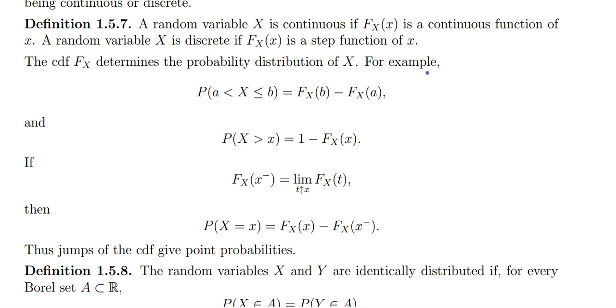So we are stating the definition of a continuous random variable and a discrete random variable in terms of the CDF. If the CDF is continuous, then we say the random variable is continuous, and if F X is a stepwise function, then X is discrete. The CDF F X determines the probability distribution of X.